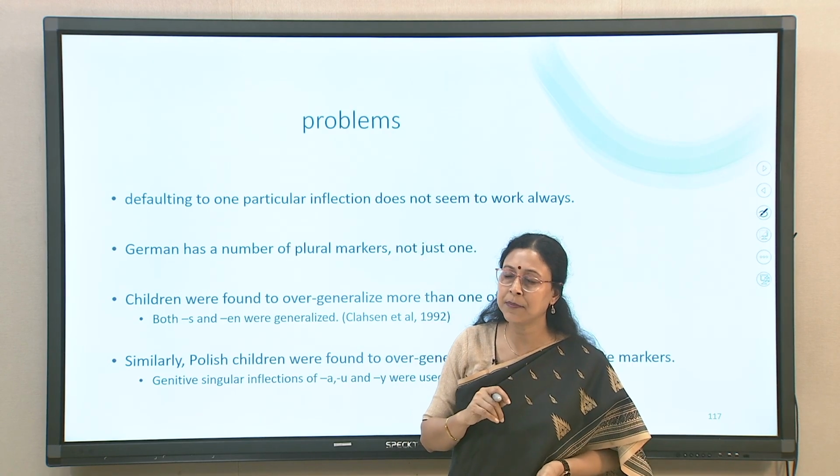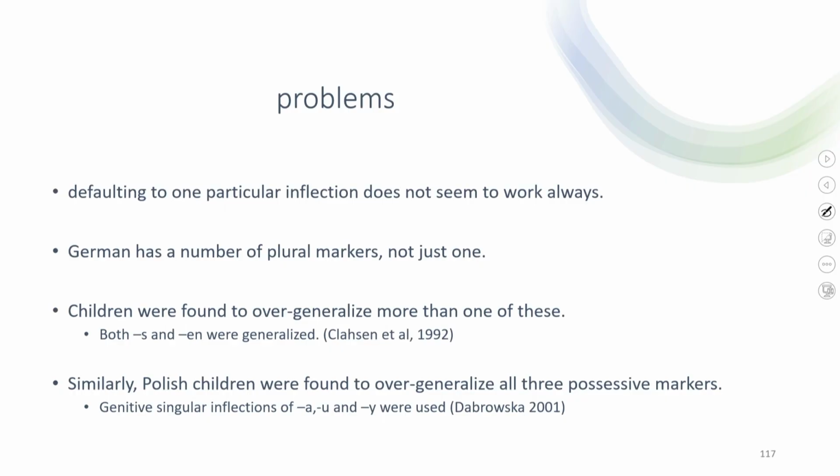Some languages, for example, German, have more than one plural marker. Okay. So, there are these two markers in German, both of which mark plural. Now, children were found to overgeneralize more than one of these, and they were using the s marker more often than the en marker.